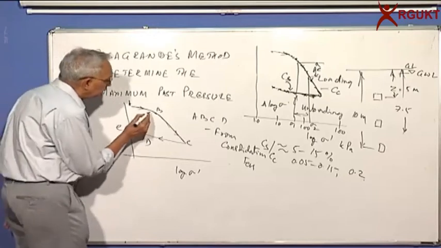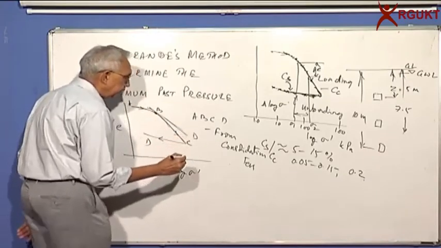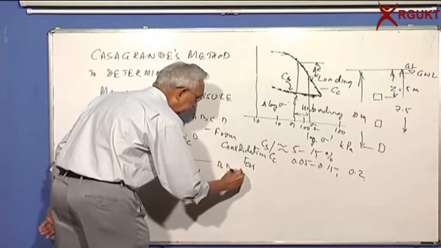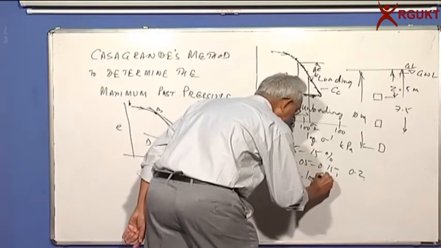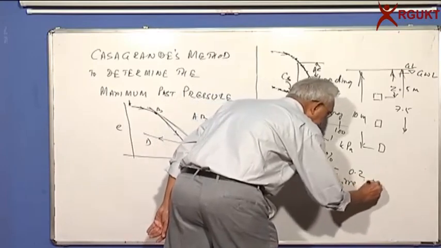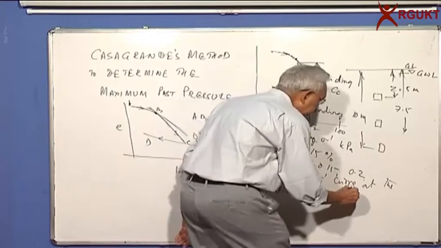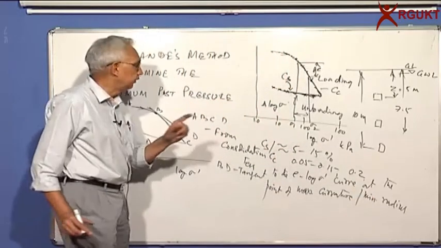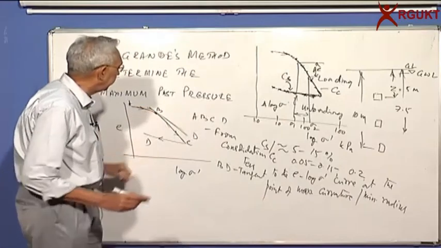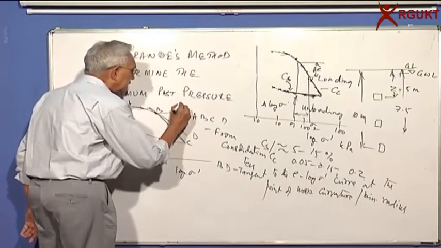So at this point we draw a tangent to the curve. Say BD is the tangent to the e-log sigma prime curve at the point of maximum curvature, which means minimum radius. If I fit a curve or a circle, the radius will be very small. At that point you draw a horizontal line.